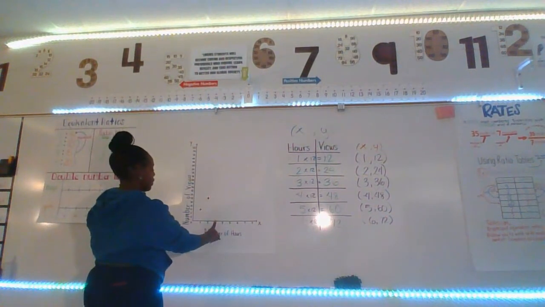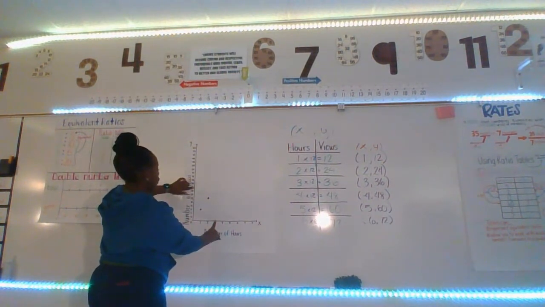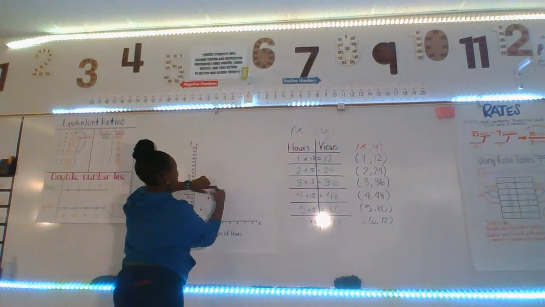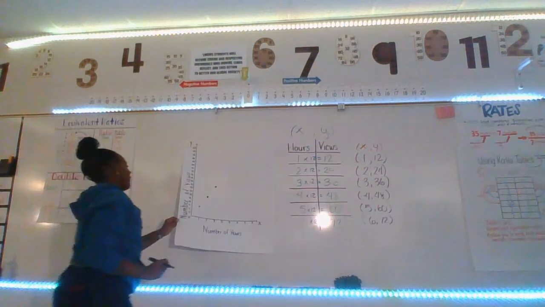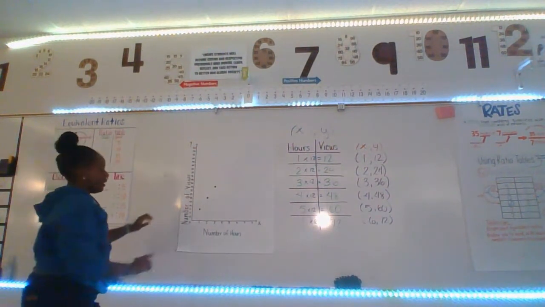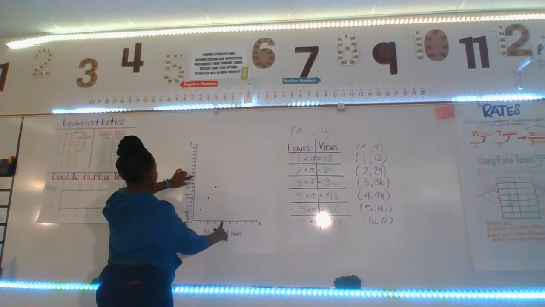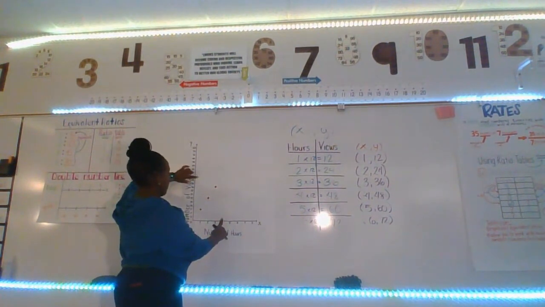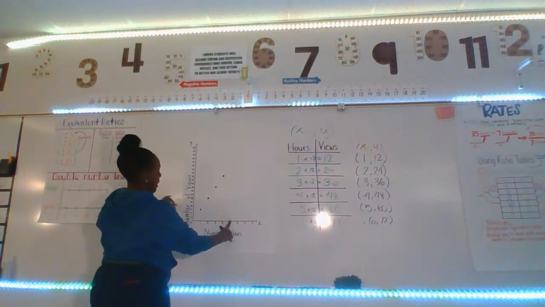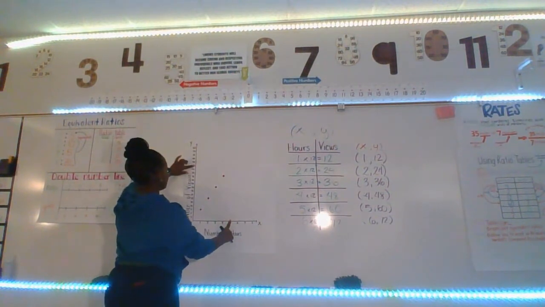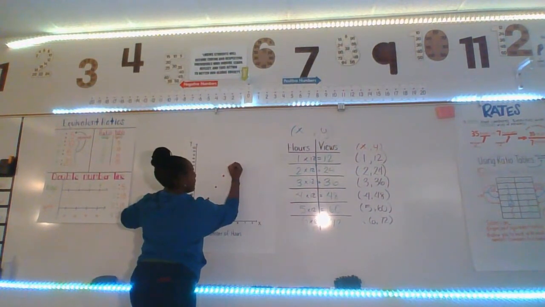So we go 0 to 3, and then from 0 up to 36, I'm going to trace the 2 until my fingers meet, and I'm going to put a point there. Then I'm going to do the same thing with the next one. From 0 to 4, then from 0 to 48, I trace until my fingers meet and put a dot there. 0 to 5, 0 to 60, trace until my fingers meet and put a dot there.